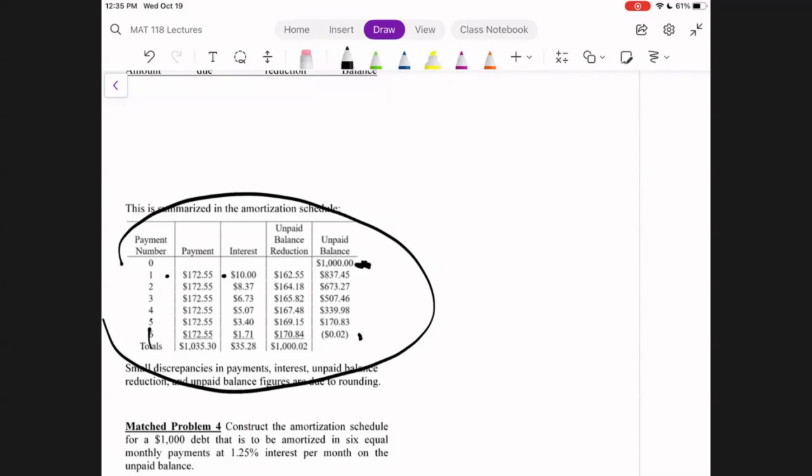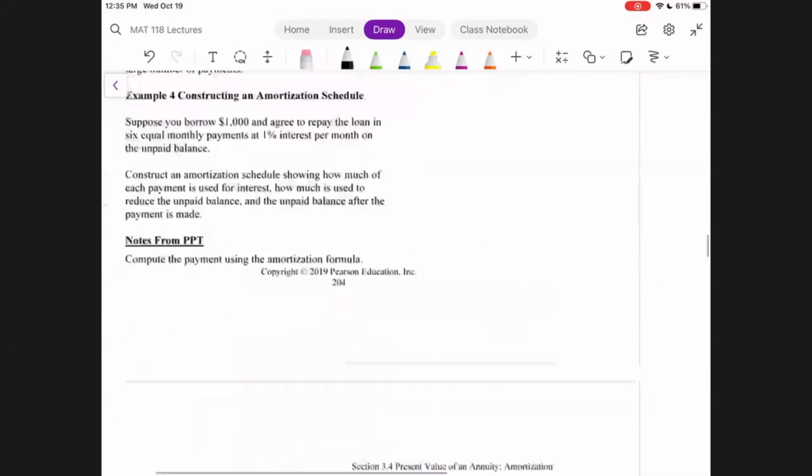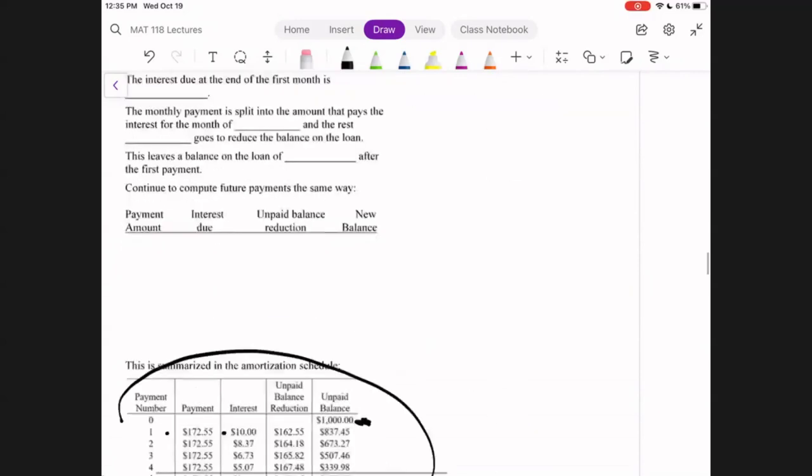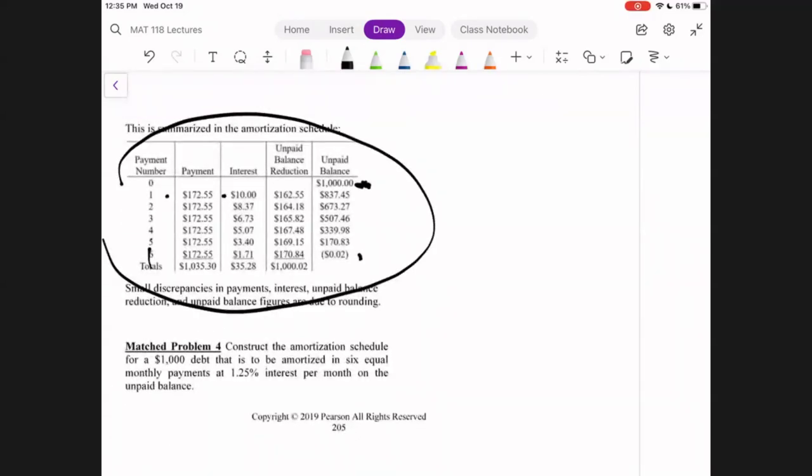You'll see that's around 1% here, okay? So 1% of 1,000 is 10, so that's the interest. So we're going to add that 10 on and then take away the monthly payment, and now we arrive at this unpaid balance reduction, because it's a difference in the two. And then if you subtract those two, right?